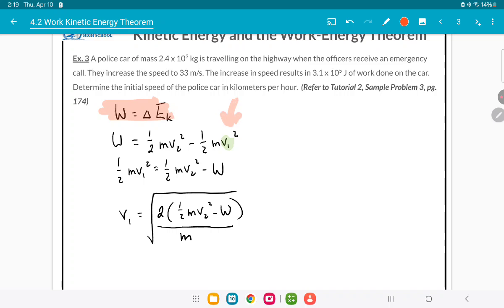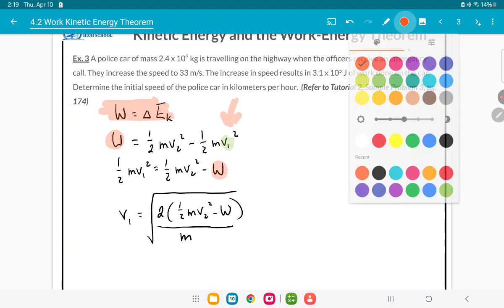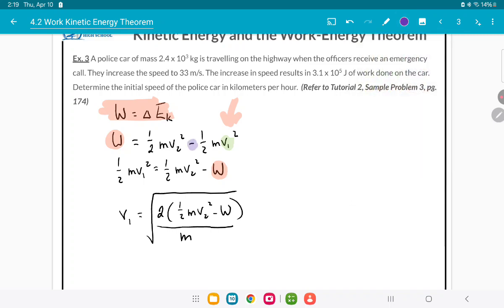And so if I want to start rearranging this equation, I have the work on the left-hand side going to the right-hand side. So I'm subtracting from both sides. I'm going to add the 1/2 mv1 squared to both sides. And then it's just a matter of rearranging for v1. I'm going to multiply both sides by 2, divide both sides by m, and now you're ready just to sub all your values into the formula.